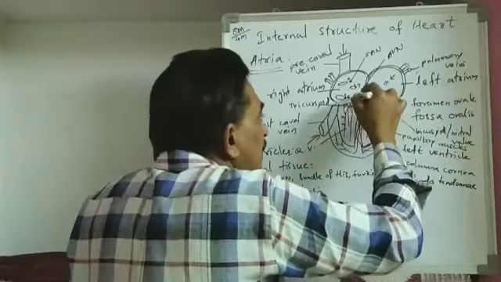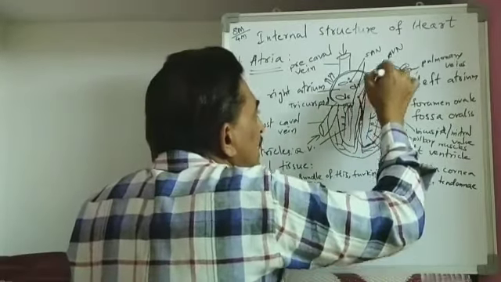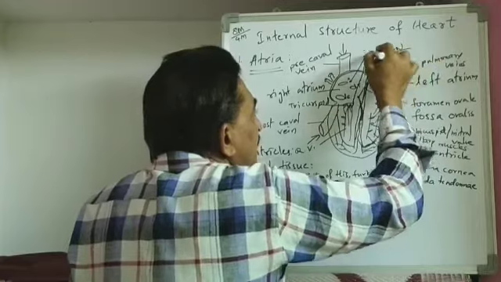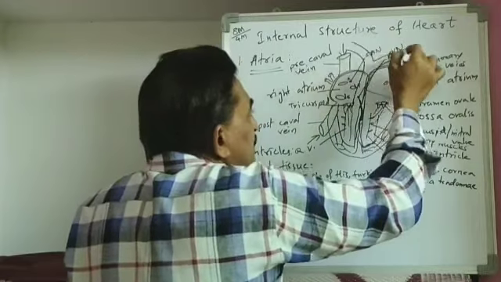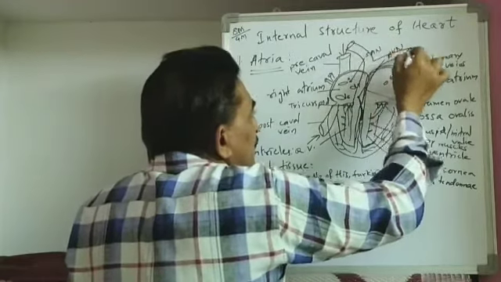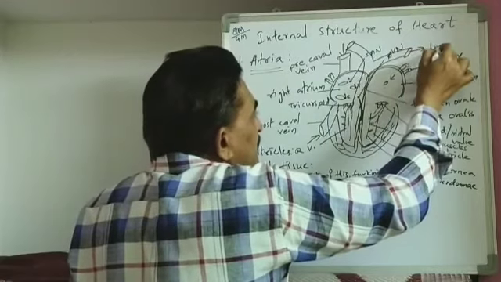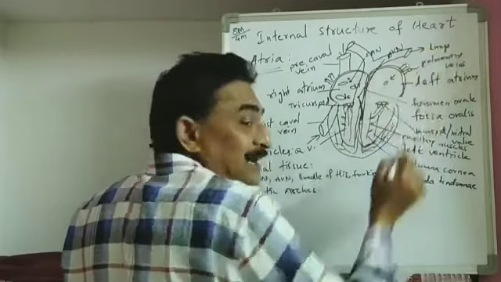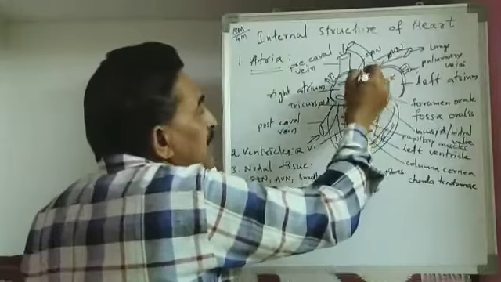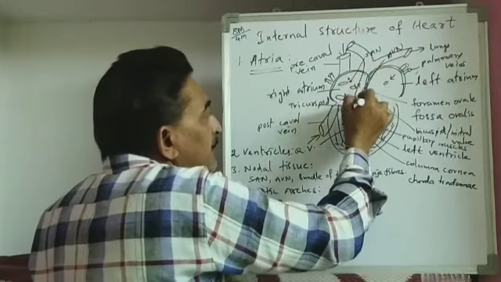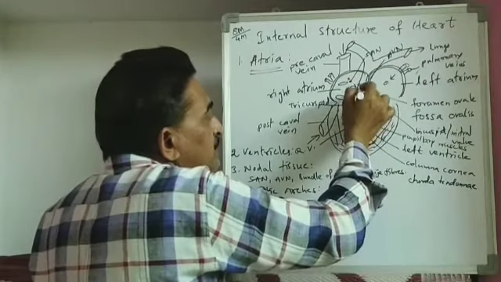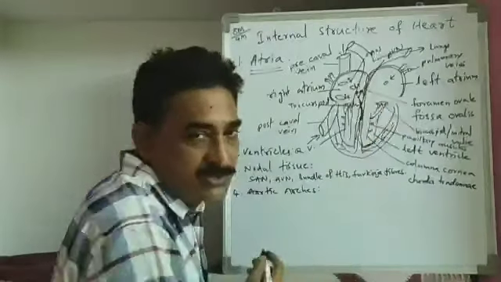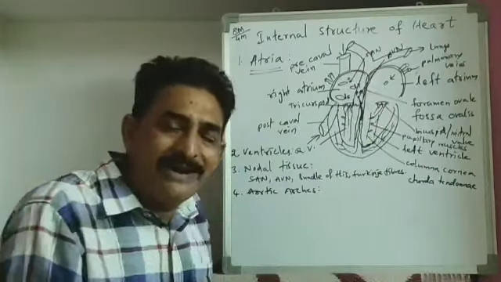It comes out like this and bifurcates into two branches that go towards the lungs. This is called the pulmonary arch or pulmonary artery.